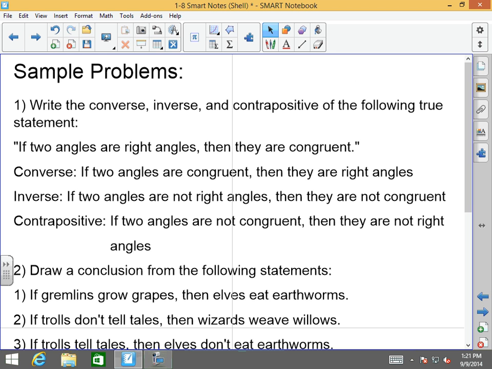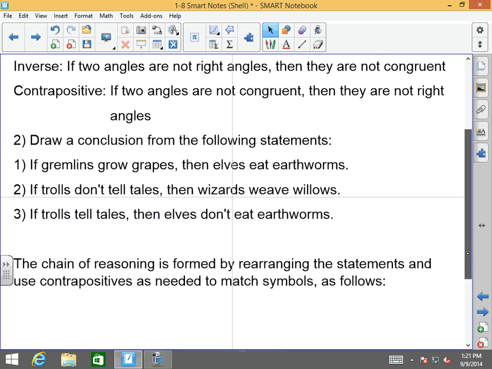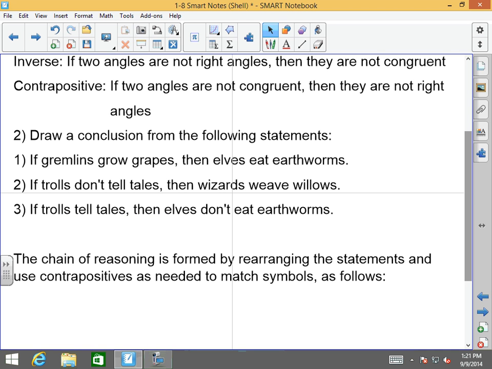Okay. Awesome. Now, let's do a little chain of reasoning problem here. I want you to draw a conclusion from the following statements. If gremlins grow grapes, then elves eat earthworms.